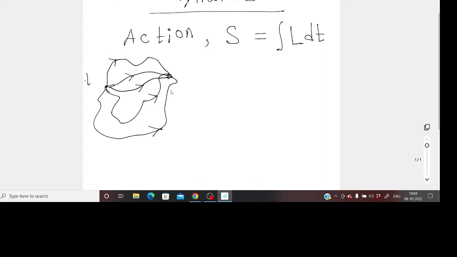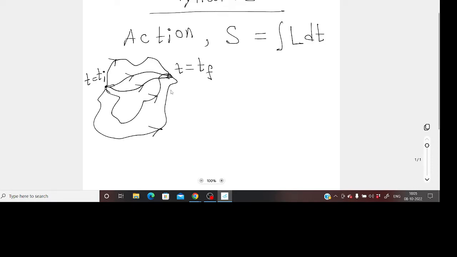This is time ti, the initial time. This is at final time tf. Now notice one thing, that the coordinates or the positions at the initial and final times for all the paths are the same, right? This is clear.